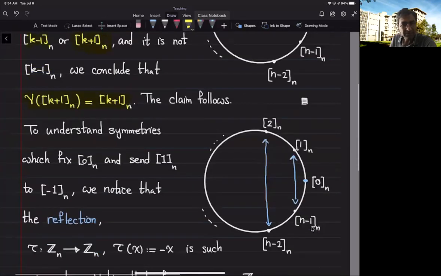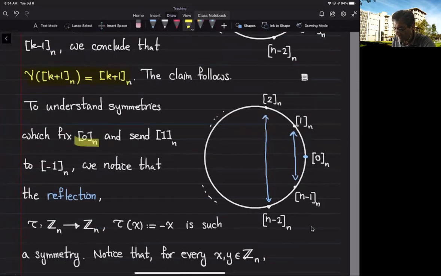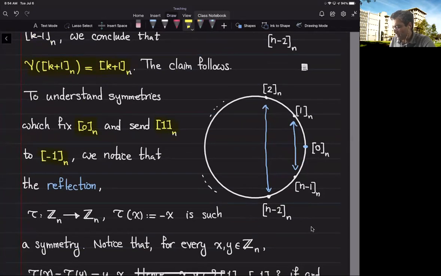In order to understand those symmetries that fix 0 and send 1 to -1, we start with one example. If you look at this picture, reflection about this line, let's say, sends 1 to -1 and 2 to -2 and fixes 0 and so on.